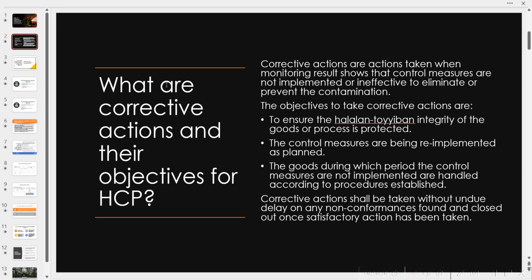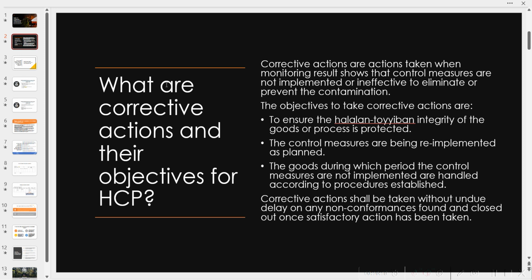Okay, so actually, if you carry out a production and there is a potential problem there, you will decide on control measures if the problem occurs. That is under Dr. Nurul's session. Now, when the control measures fail to be implemented, it goes to corrective actions. Ada? Betul kan?